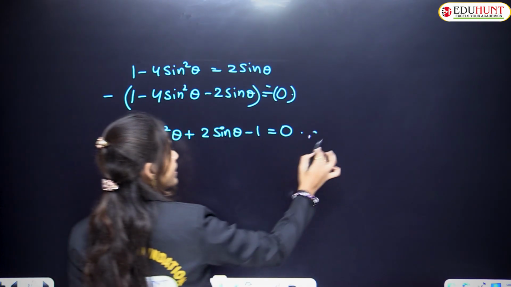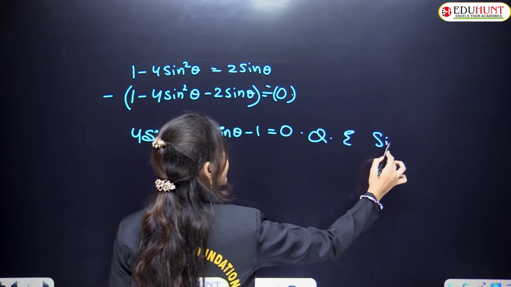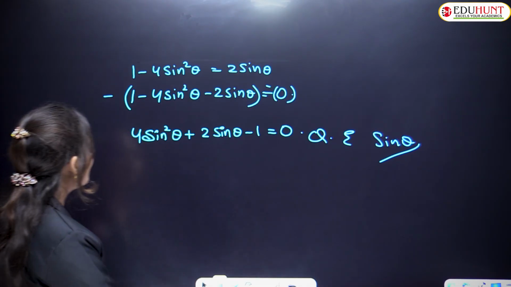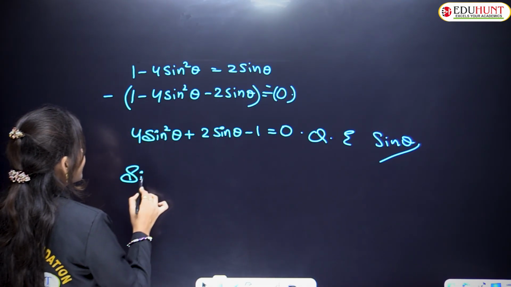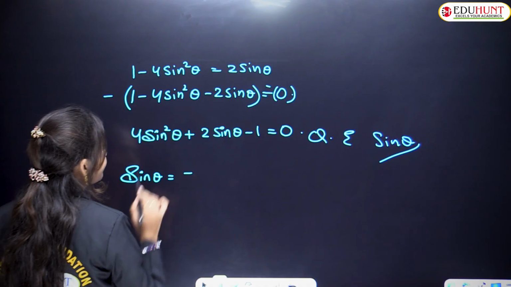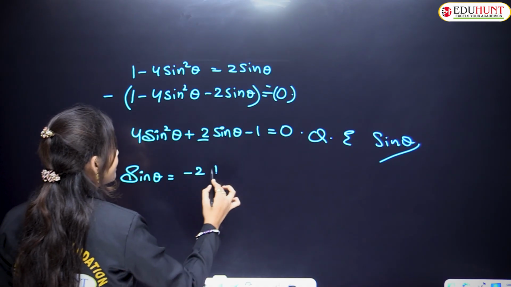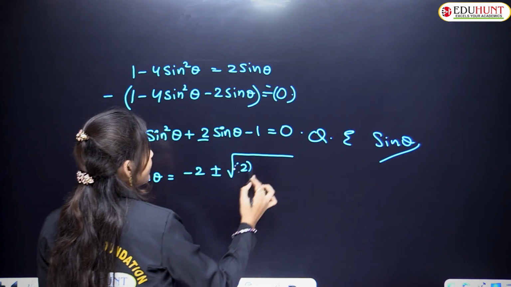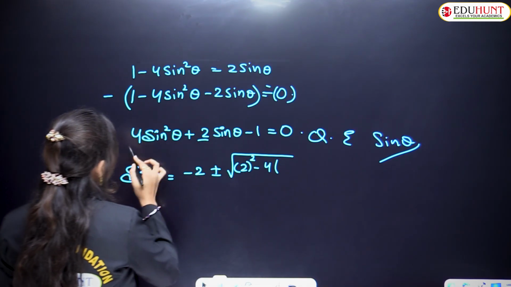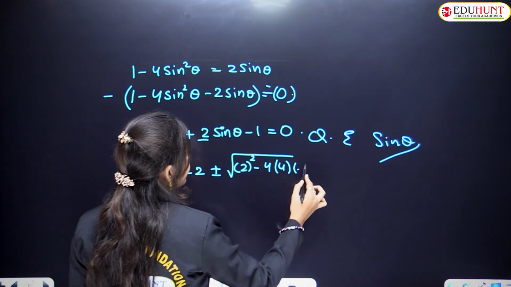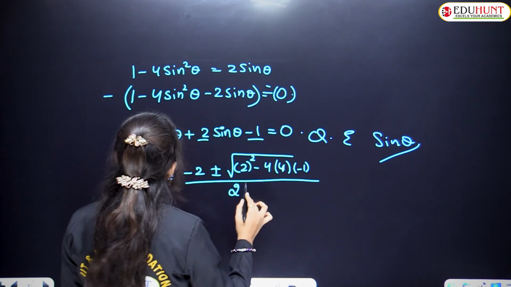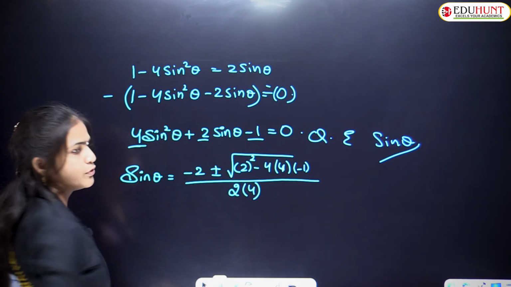So again this is a quadratic equation in terms of sin theta. So what is the quadratic formula here? Sin theta is equal to minus b plus or minus square root of b square minus 4ac, c is minus 1, whole by 2a, and 2 into a is 4.